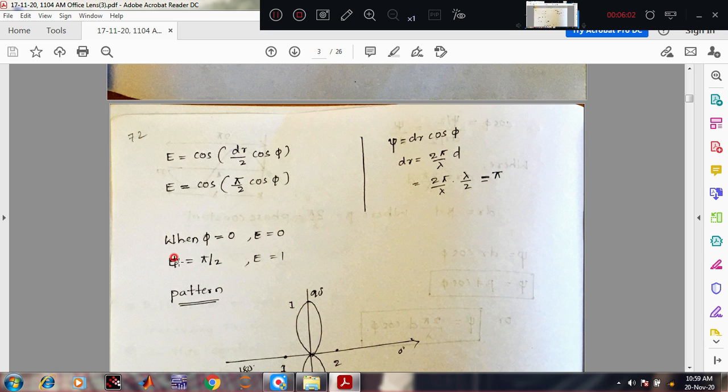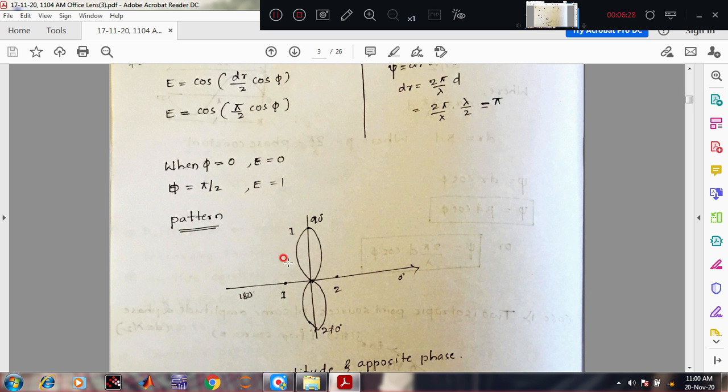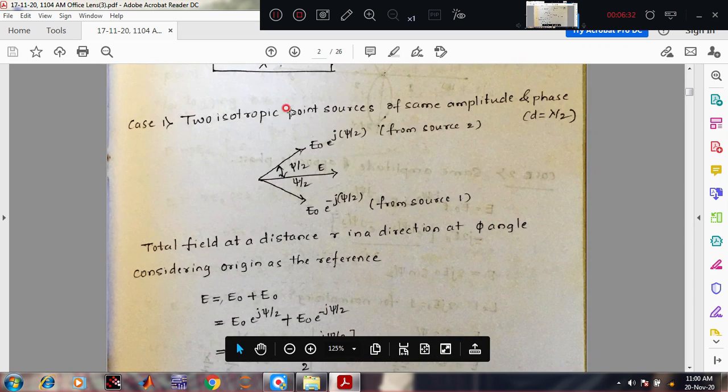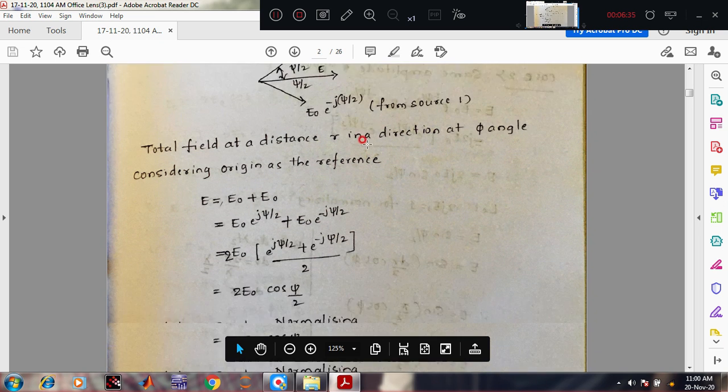Similarly, if you substitute phi as pi by 2, cos of pi by 2 will be 1, right? Therefore when phi is pi by 2, the corresponding E value will be 1. This is how the radiation pattern of two isotropic point sources with the same amplitude and same phase looks.